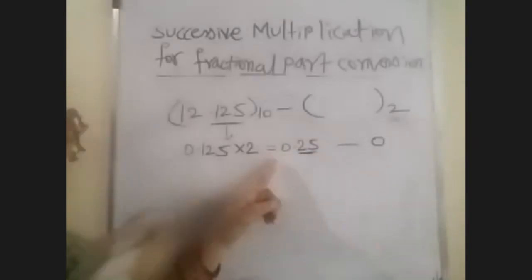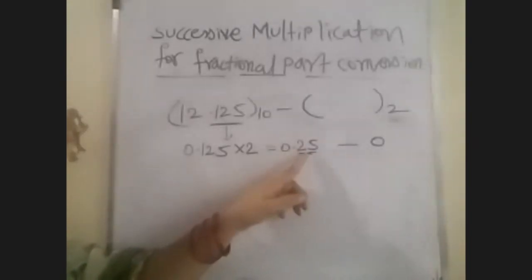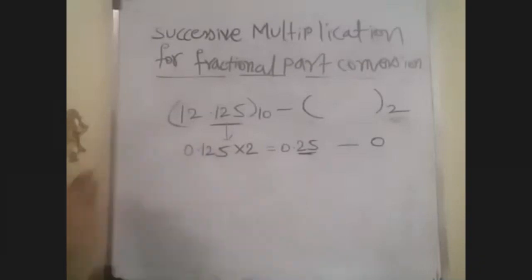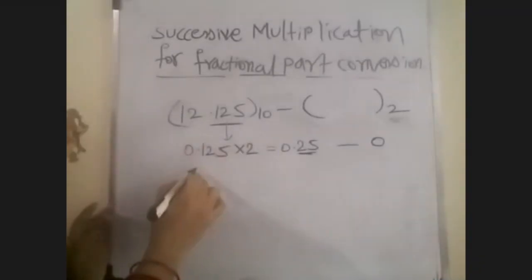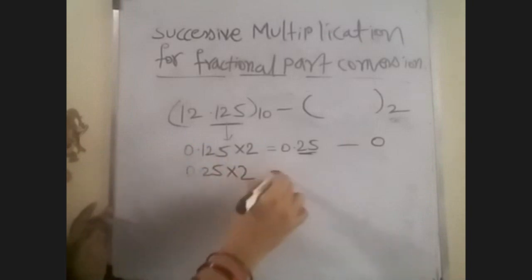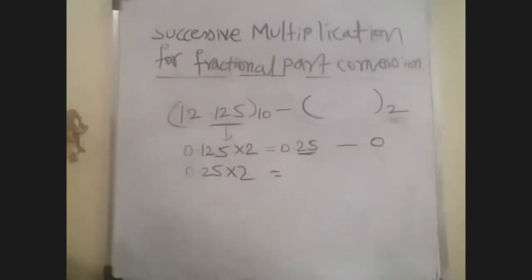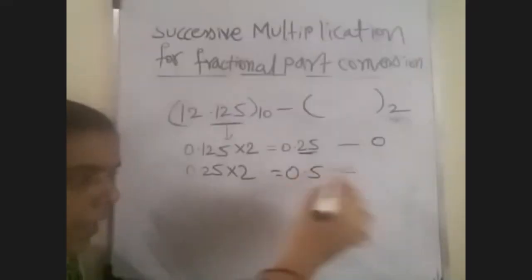Again there is a new fractional part, and you multiply it by 2. That is 0.25 into 2. What is 0.25 into 2? 0.5. Again the carry is 0.